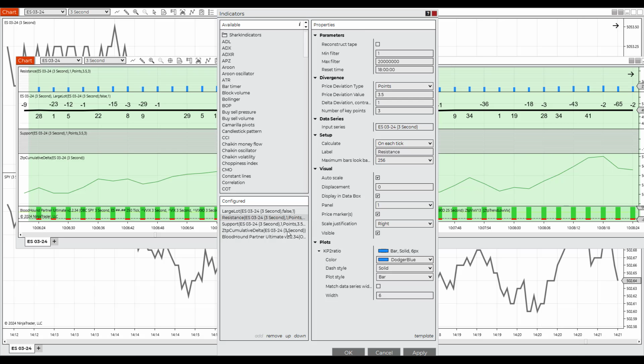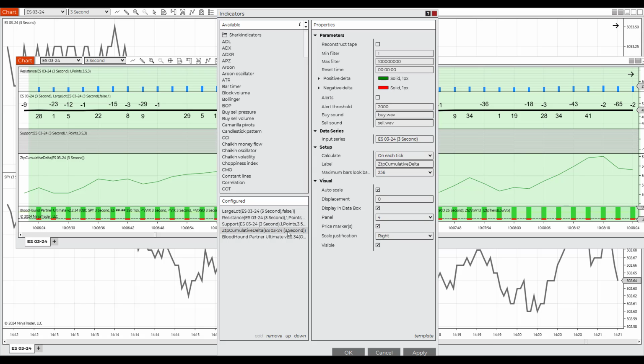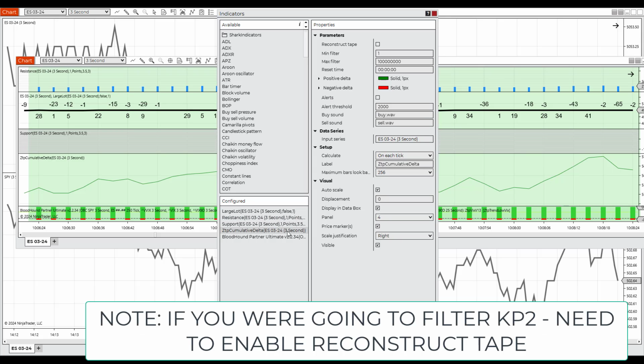The fourth indicator, I put a cumulative delta on here because I like to see the cumulative delta moving, and maybe you might also. So again, we're not going to set it to any filters unless you want it to filter.